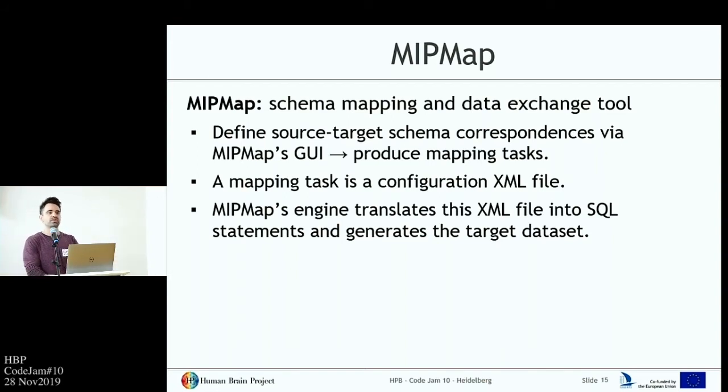When this mapping task configuration is created, it is actually an XML file, and the MIPMap engine translates this file and generates the target database, the target dataset. So the MIPMap is our main tool, our ETL, schema mapping and data exchange tool, which we use in order to do that.